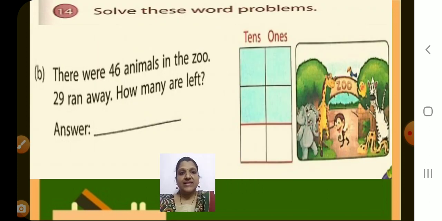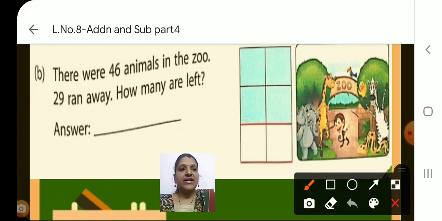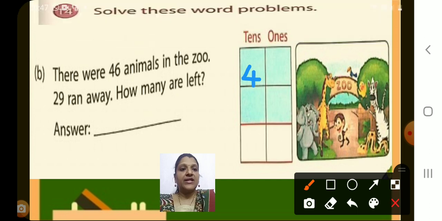There were 46 animals in the zoo. 29 ran away. How many are left? So, how many animals in the zoo? 46. So, let us write number 46 over here. 29 ran away. So, we'll write number 29 over here. How many are left?